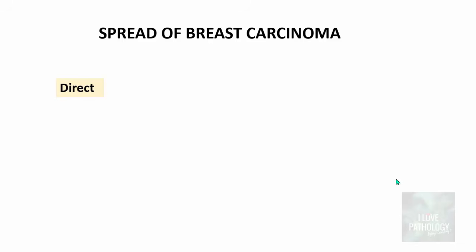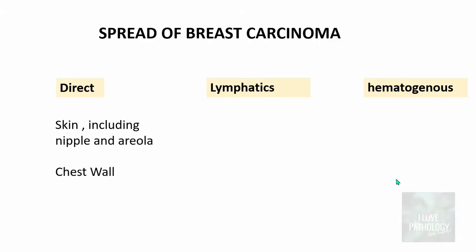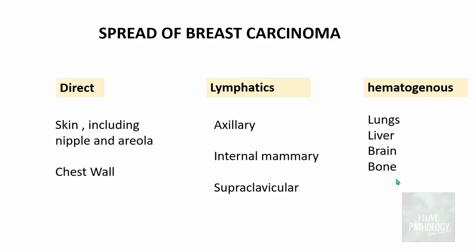They can spread either directly, by lymphatics, or by hematogenous route. Direct spread means into the skin, including the nipple and areola, and can sometimes penetrate into the chest wall as well. Lymphatics can be axillary, internal mammary, and supraclavicular lymph nodes. Hematogenous spread can be to the lungs, liver, brain, and bone.